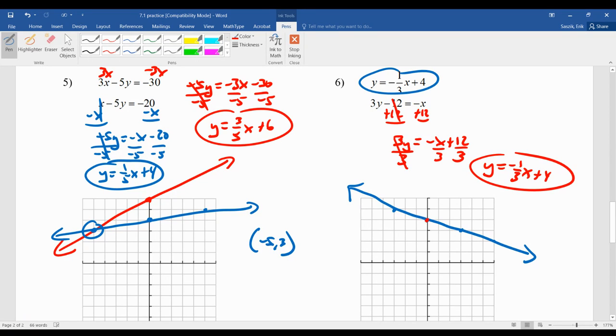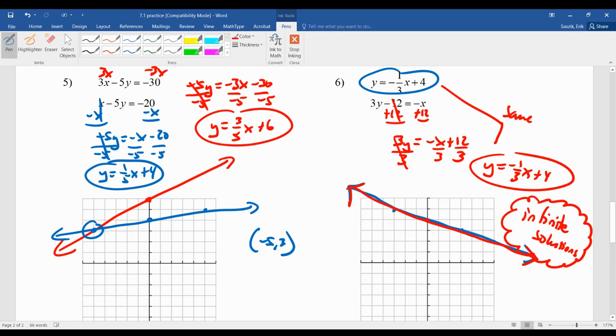Oh, wait a second. These are the same. Exactly the same, right? So remember, we saw this the other day. The final answer here is infinite solutions because those red and blue lines intersect an infinite number of places.